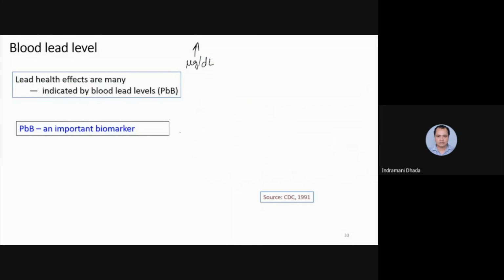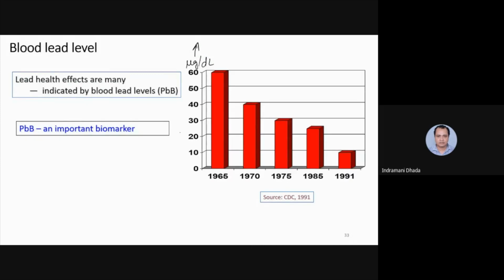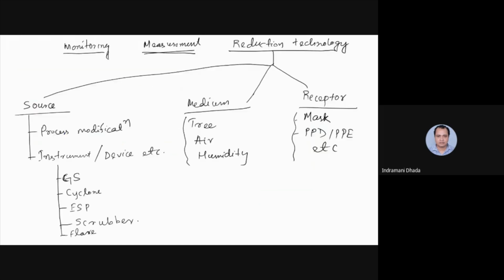Okay, now coming to this. So we know monitoring, how to monitor and measure the pollutants. It should be accurate and precise. And now coming to the reduction technology.